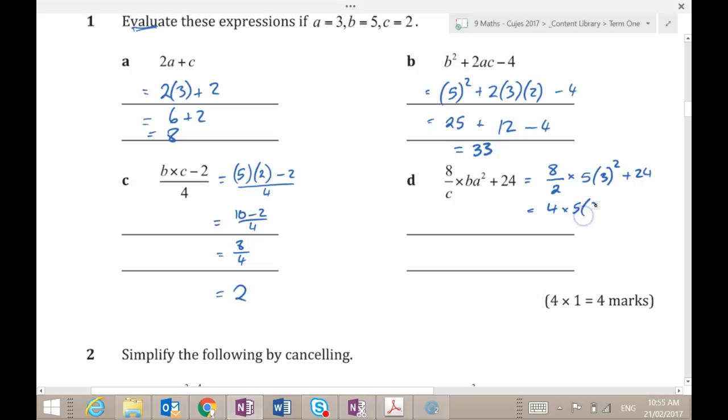Times 5, and 3 squared is 9, plus 24. 4 times 5 is 20, times 9 is 180, plus 24, 204. So it might take you a little bit longer to do the multiplication than what I'm doing there, but the actual process is easy enough, isn't it? Find the numbers, multiply them together, get the answer.